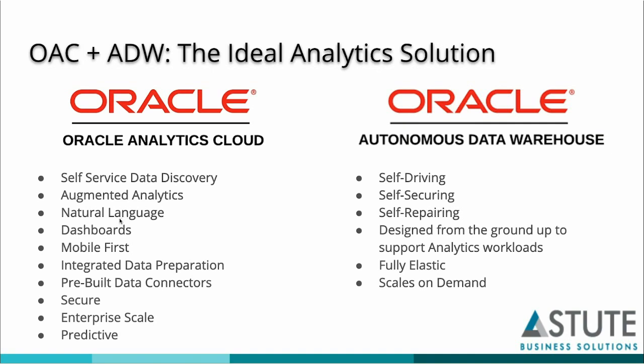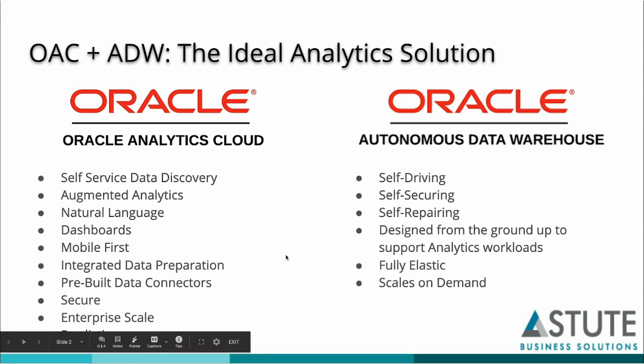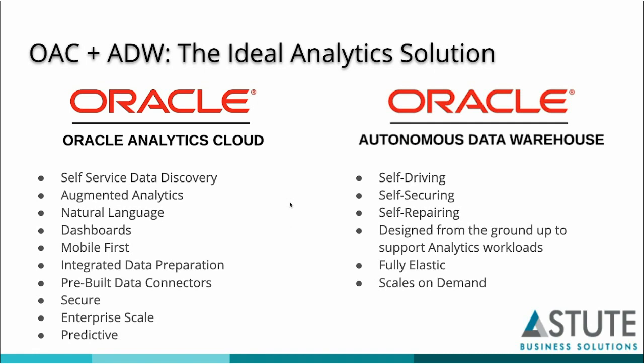Pretty cool. Mobile first, integrated data preparation. This is something that makes things go pretty quickly. We're not going to dive into that in the lab today, but it would definitely be worth a follow-up conversation. Pre-built data connectors, and definitely something that is enterprise scale and ready to go.